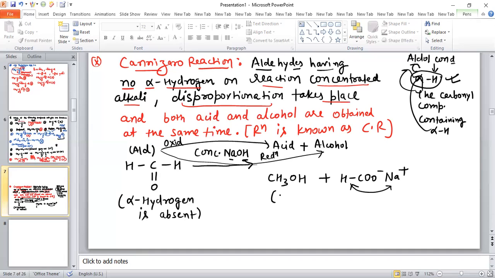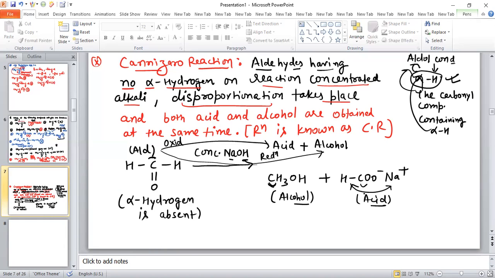One of the products obtained is alcohol and the other is acid. Both products come from the same carbon: in the reactant there is only one carbon, so in the products there is also only one carbon, one-carbon alcohol and one-carbon acid.